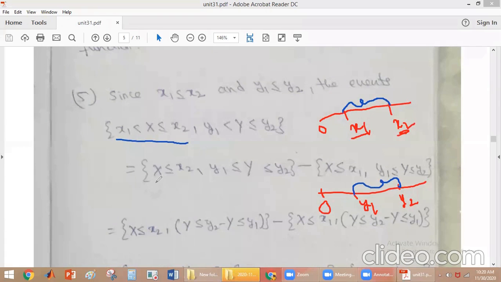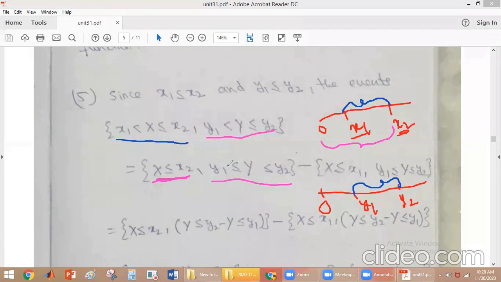To get this range, we have taken x less than or equal to x2. That means the complete x range, from 0 to x2. There is no change in the y duration: whatever is given on the left side, y1 less than y less than or equal to y2, we take the same.